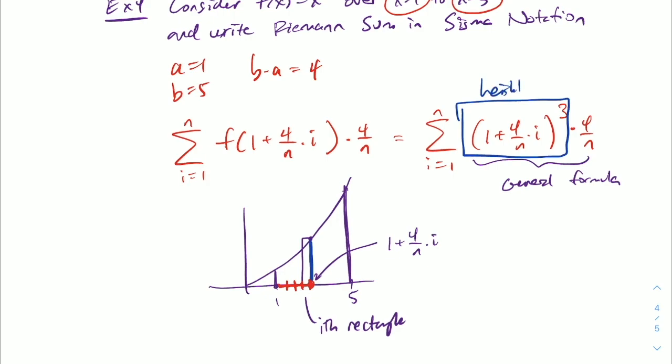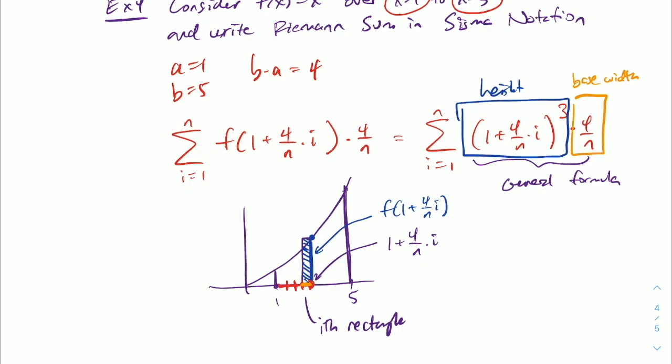This is the input, 1 plus 4 over n times i, in the function. So this height is f of 1 plus 4 over n times i. And then we're taking that height and multiplying by the base width, which is 4 over n. This is the base width. And when we multiply those two quantities, we get the area.